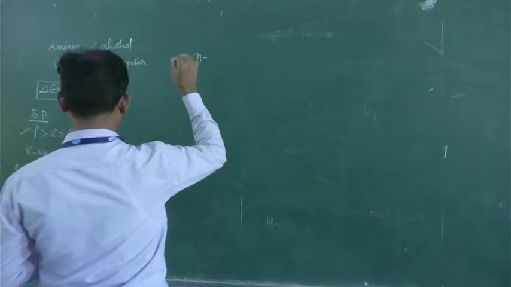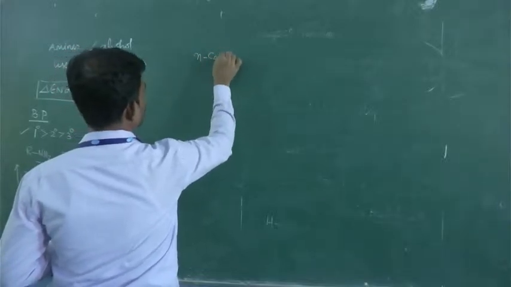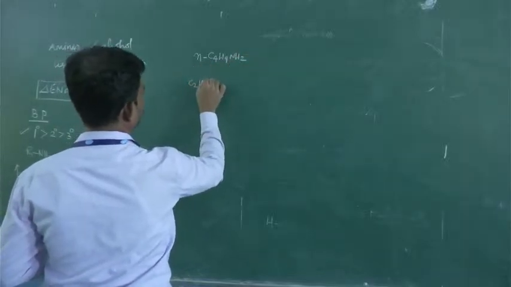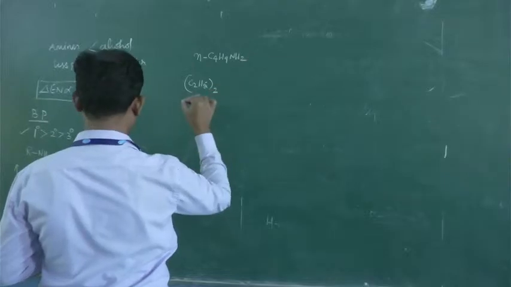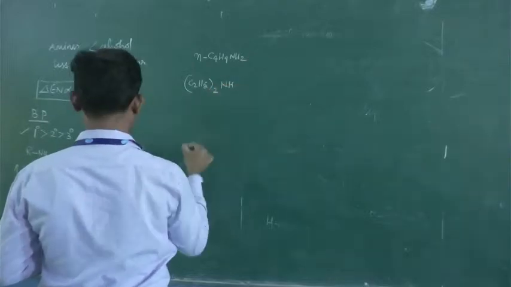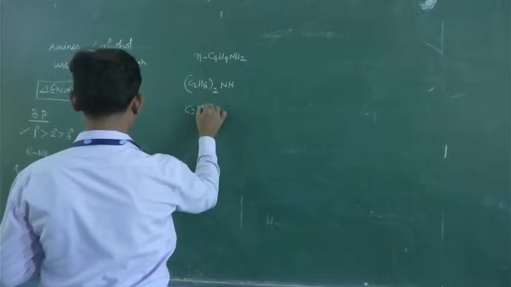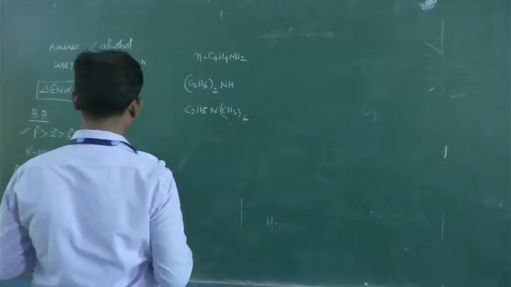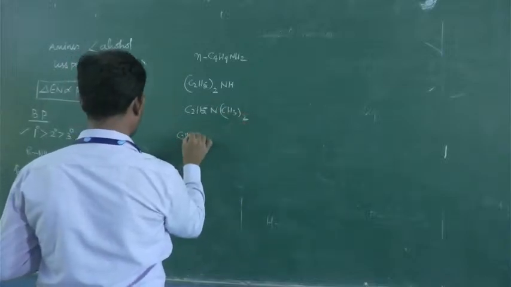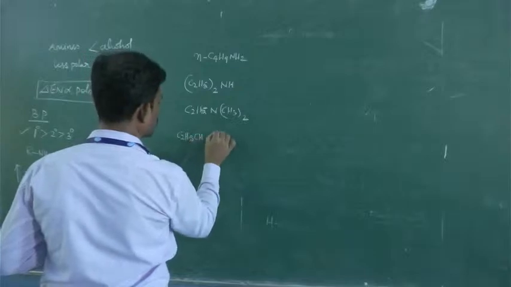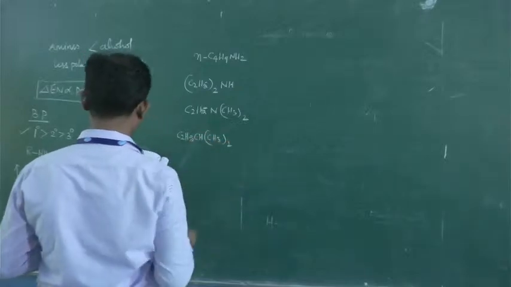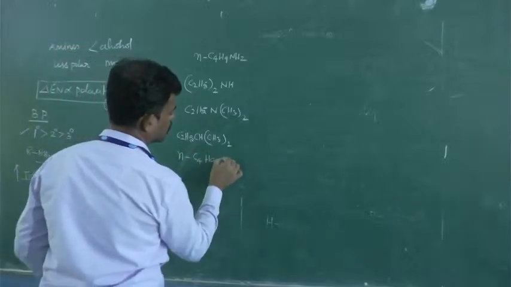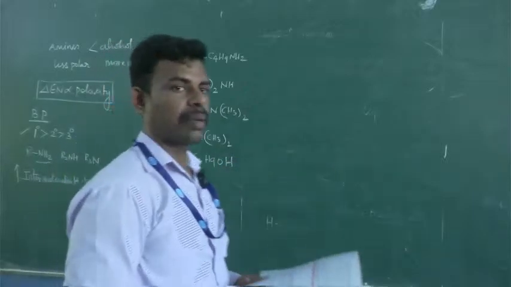N C4H9 NH2, and C2H5 NH, and we have a C2H5 N CH3 twice, and we have a C2H5 CH CH3 twice, and we have a N C4H9 OH. So it has a comparable molar mass.